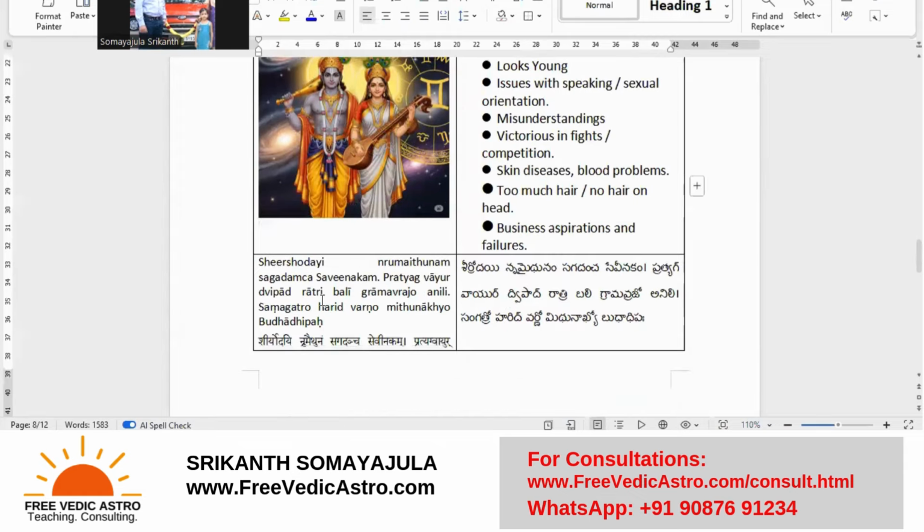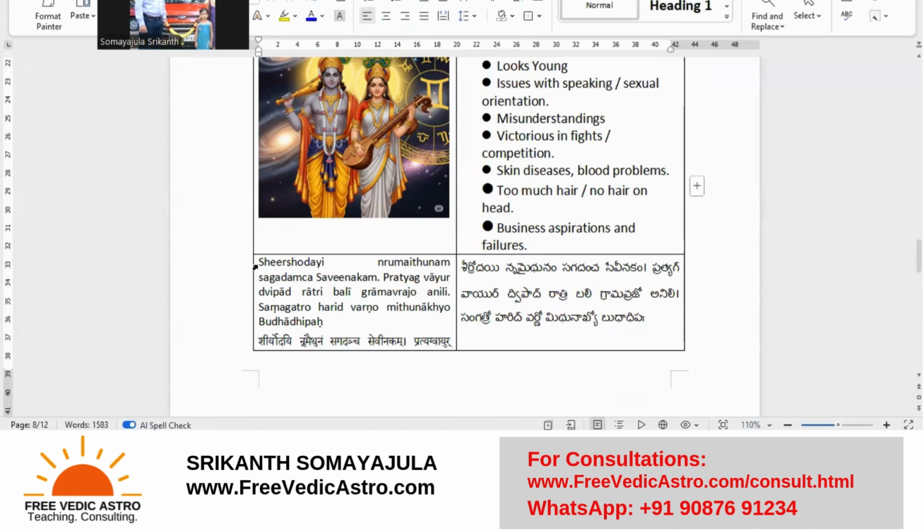Please listen to the class on Gemini, where we have explained this shloka: Sirshodagi Nirmaithunam Sagadamcha Savinakam Pratyagvayur Dvipat Ratribali Grama Vrajo Anili Samagatro Haridvarno Mithunakyo Budhadipaha. Right? We've talked about this shloka, and if you read it, it is very, very clear.